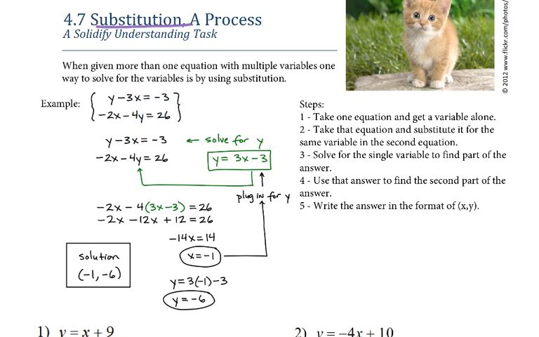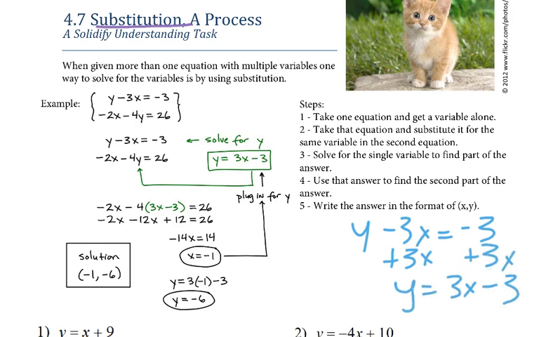We're given a system of equations. What we're going to do is take one of these equations and solve it for y. So, y minus 3x equals negative 3. I'd add 3x to both sides, giving us y equals 3x minus 3. Okay, that's where that came from.